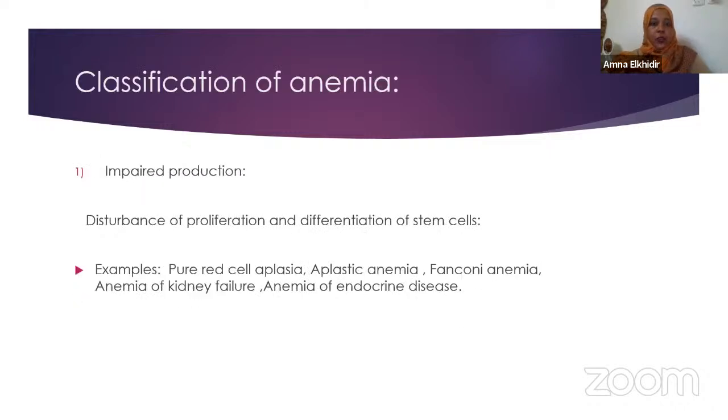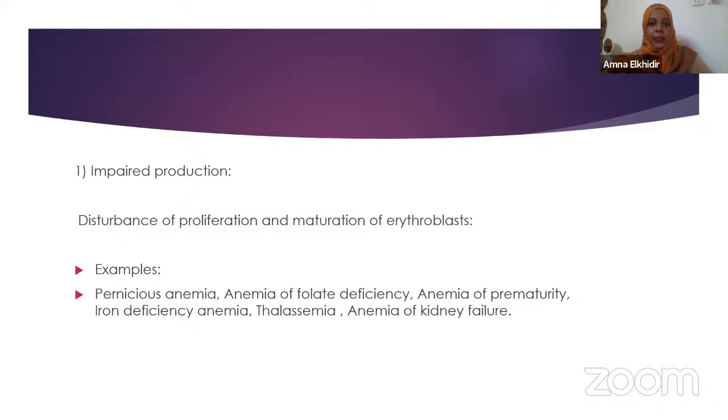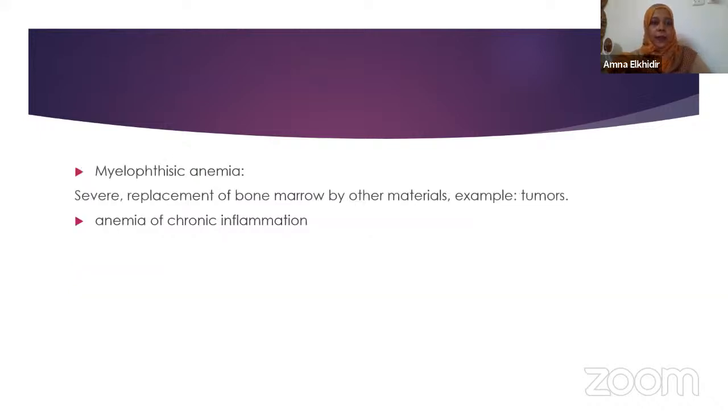Kidney failure usually causes both types of anemia, differentiation of stem cells and maturation of erythroblast. Myelophthisic anemia is a severe anemia due to replacement of bone marrow by other materials, for example, tumors, and also anemia of chronic inflammation. All these lead to decreased proliferation of RBCs.